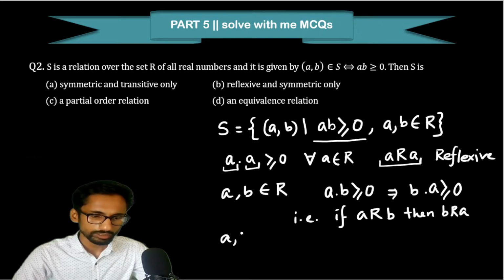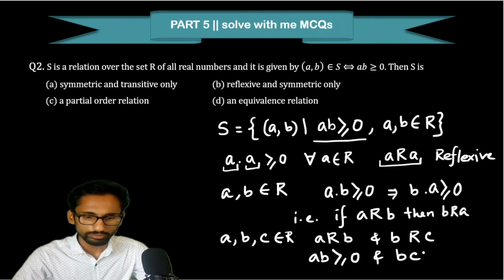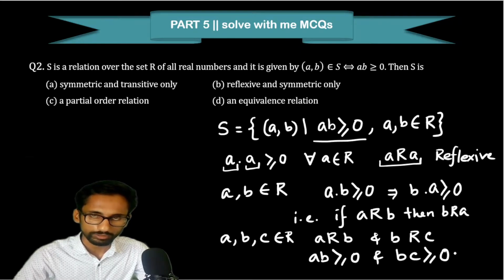For that, we need to consider three real numbers such that a is related to b and b is related to c. That means ab is greater than or equal to 0 and b into c is also greater than or equal to 0. Now, if the product of these two numbers is greater than 0, then either both of them are negative or both of them are positive.